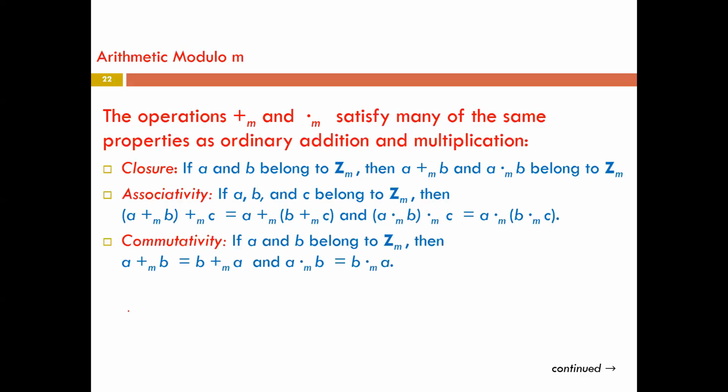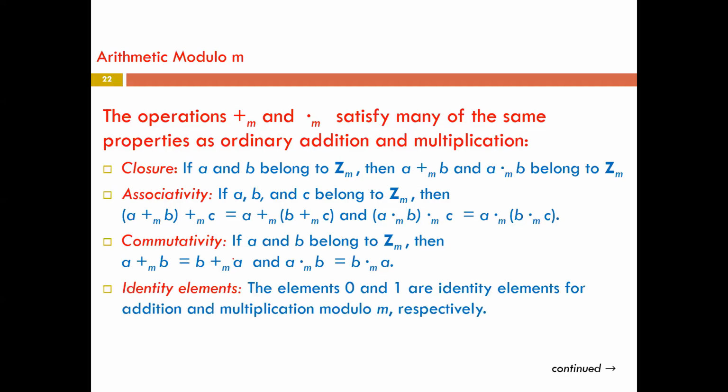It's associative, it's commutative, so the order is not important. A plus modulo m b is b plus modulo m a. The order is not important in multiplication and addition. The identity: if you add zero in addition modulo m it gives you the same number, and if you multiply by 1 it gives you the same number modulo m.